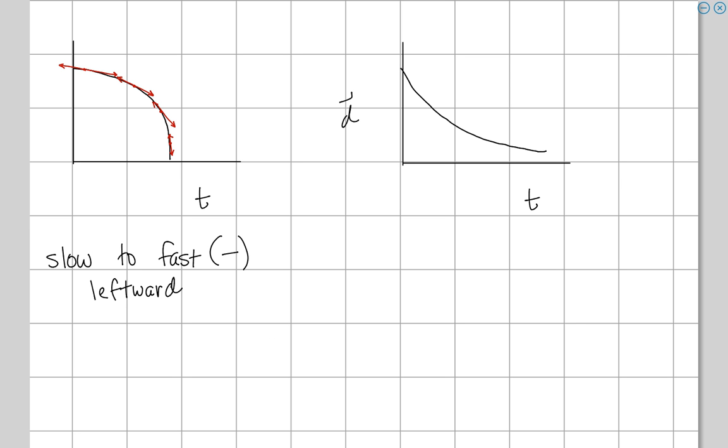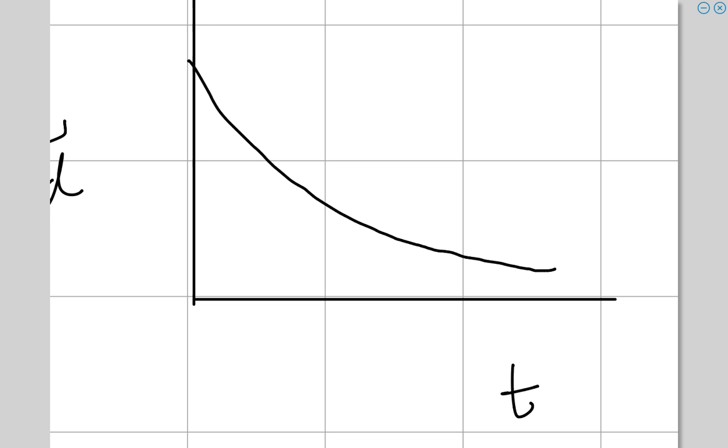Good, you guys. Okay, let's draw some tangents on this one. This time the tangents will be underneath the curve. So now these tangents are starting off steep and sort of leveling off as you draw them, till you get near the bottom where it's almost flat.